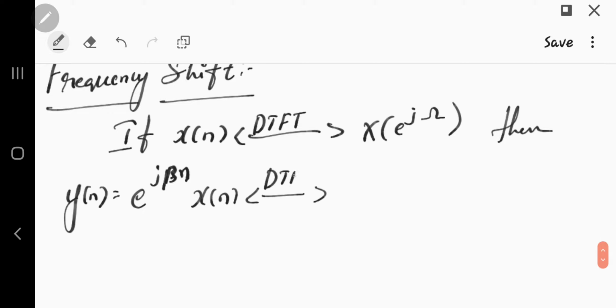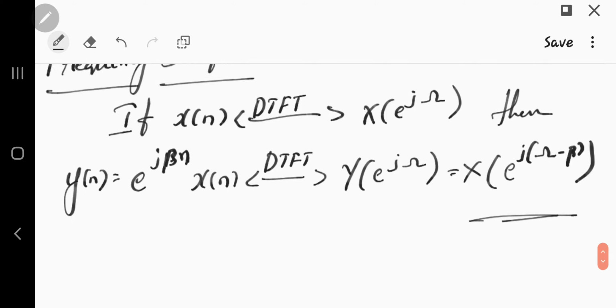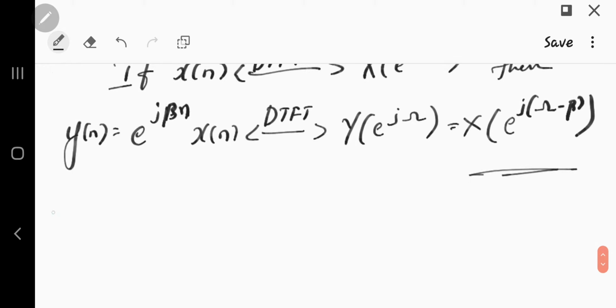So if you perform the transformation of this, then Y of e power j omega is equal to X of e power j omega minus beta. So this is the statement of the frequency shift property. That means the shifting operation is performed in the frequency domain. So that is the meaning of the property here. Let's take the proof of it.